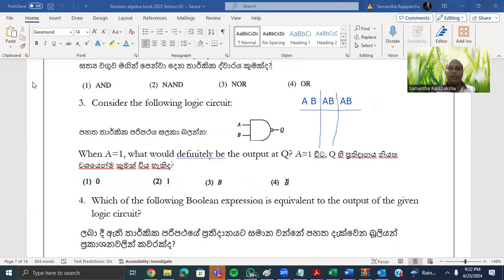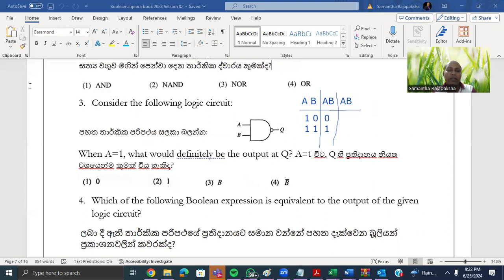A can be 1 only. So A can be 1, B can be 0. A can be 1, B can be 1. Those are the possible values. When you multiply: 1 into 0 is 0, 1 into 1 is 1. So those are the multiplied results.